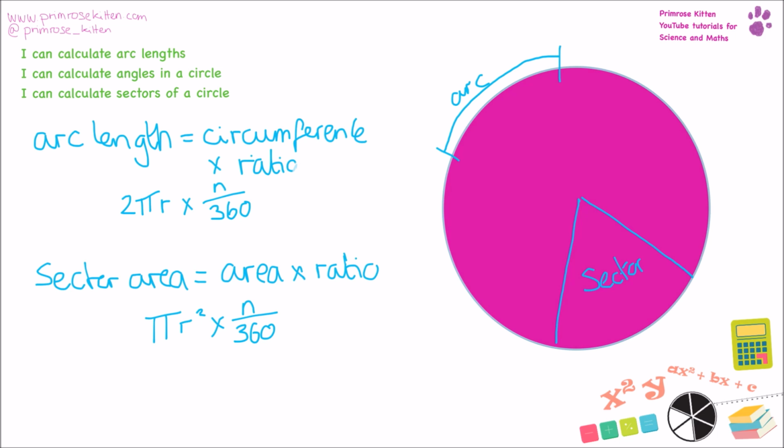You need to find the area of the total circle and then times that by the ratio. So the area of the total circle is pi r squared. If this is n degrees around, that is going to be pi r squared times n over 360. Remember, all the way around in a circle is 360, halfway around is 180.